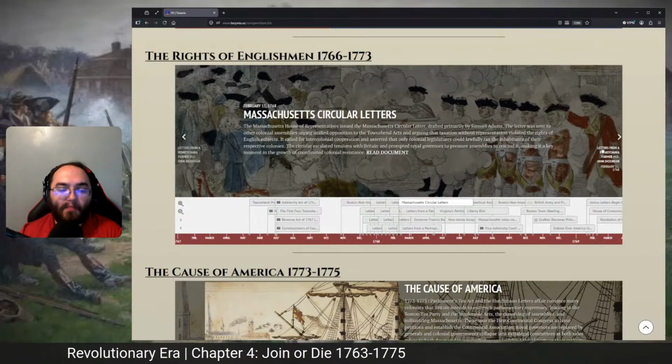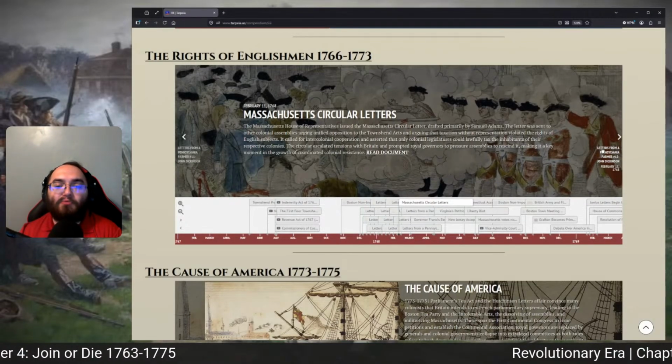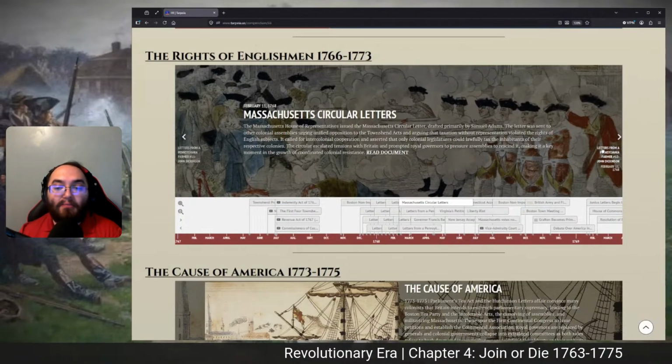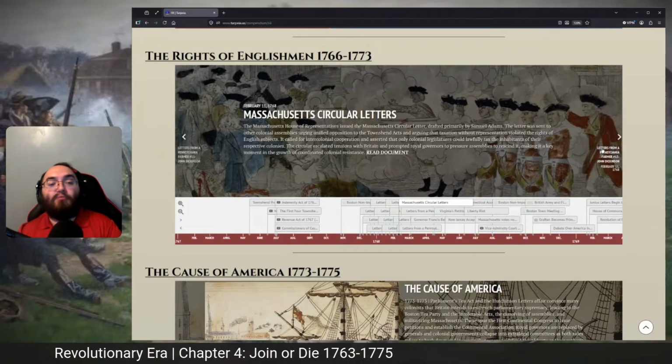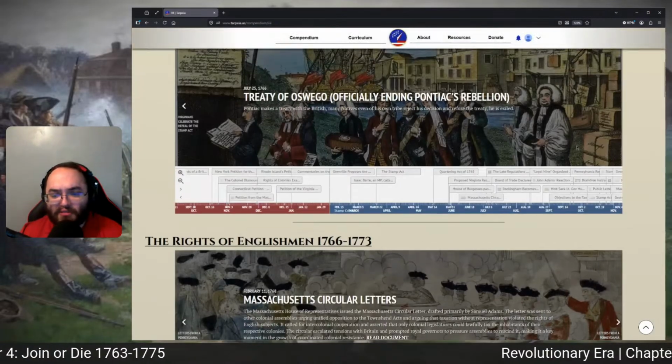The circular letter escalated tensions with Britain and prompted royal governors to pressure assemblies to rescind the letters, making it a key moment in the growth of coordinated colonial resistance. Remember Massachusetts? I think it was Massachusetts.